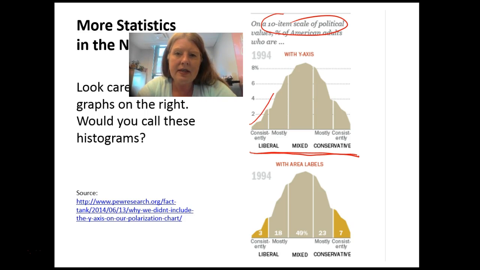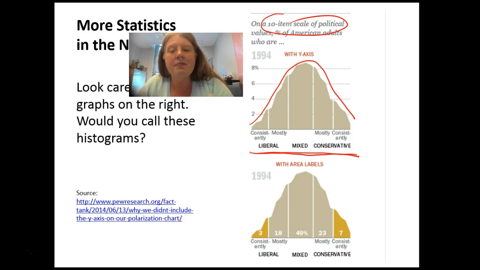And obviously you don't really see the bumpiness of the different bars here. They kind of try to smooth it out a little bit. But in any event, I just thought it was interesting that they were using that term histogram when we think of histograms as being different. We think of the x-axis as being quantitative. We think of the bumpiness in terms of the different bars rather than having this smooth curve.